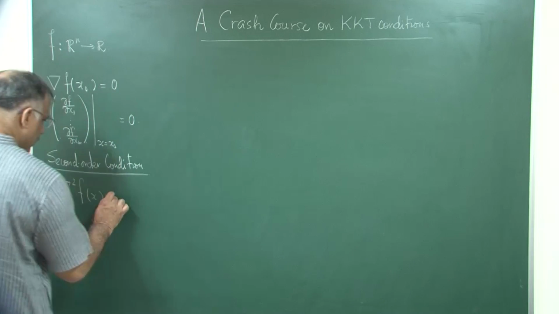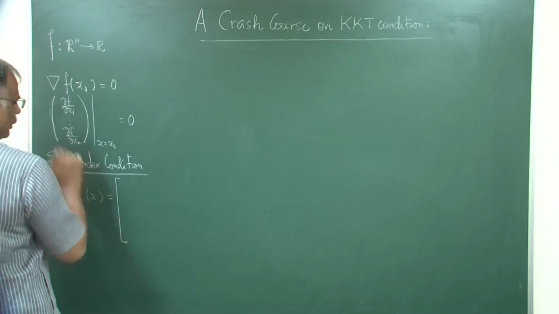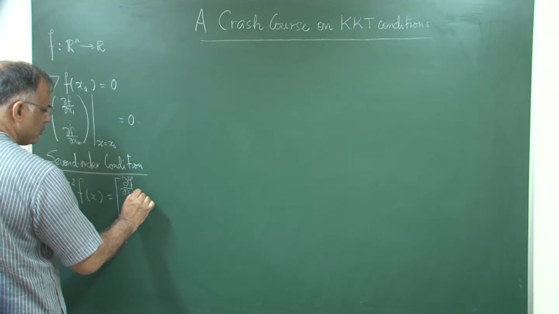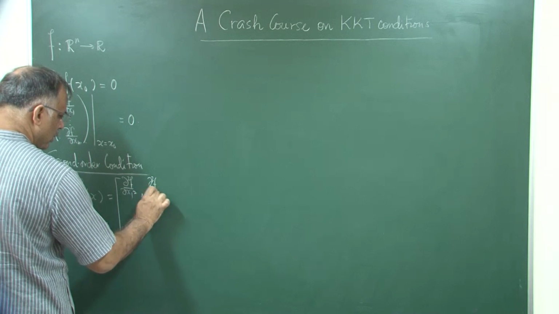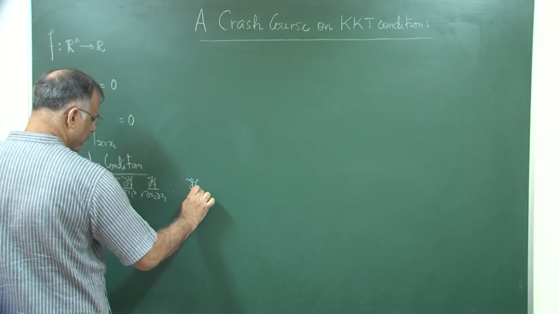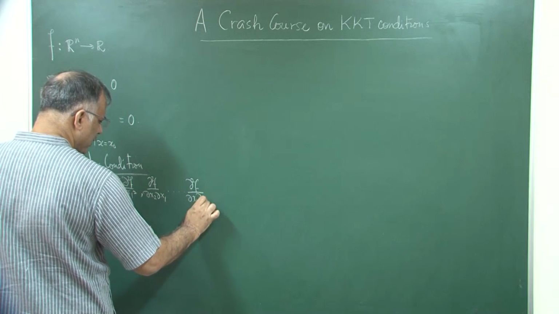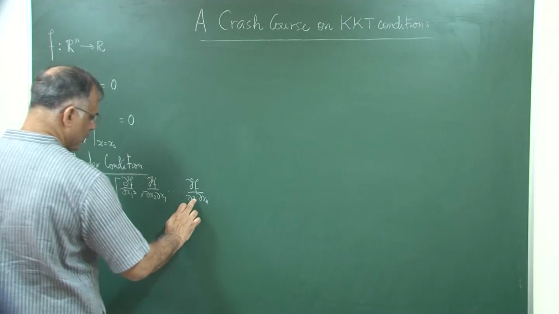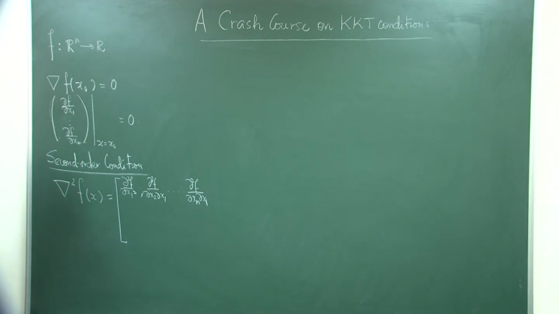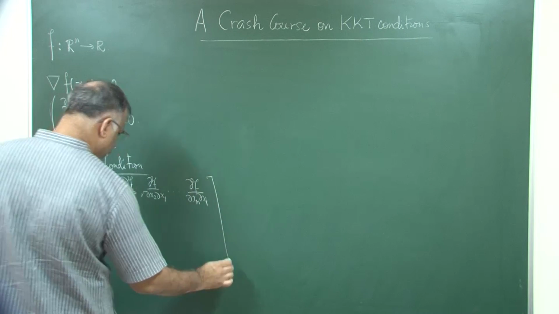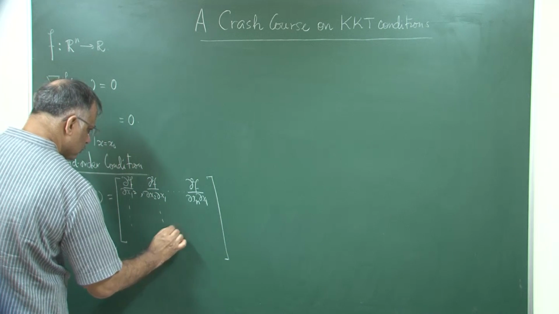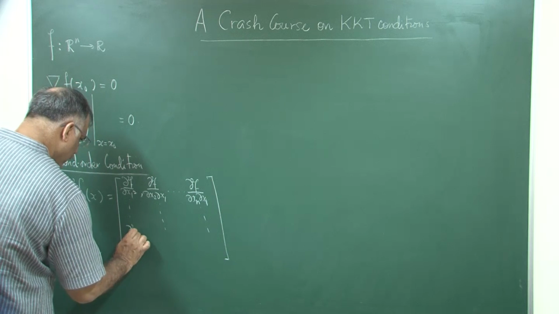So if I take the gradient of del f del x1, I take it first with x1, del 2f del x1 square, del 2f del x2 del x1, up to del 2f del x1 del xn. I have taken the gradient of del f del x1. Del f del x1 is actually a function from Rn to R.